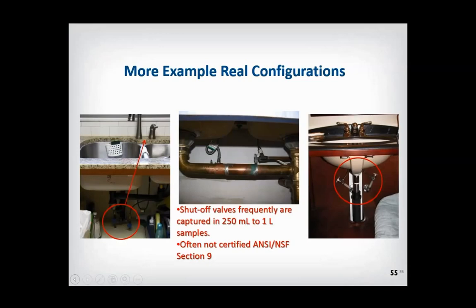In a 250 milliliter or 1 liter sample, often things like shutoff valves are encompassed in that amount of water. And frequently you can buy NSF ANSI Cert Section 1 certified faucets, but quite often builders and plumbers don't think about that when they put in shutoff valves, and a lot of times shutoff valves are a bigger source of lead than the faucet itself.